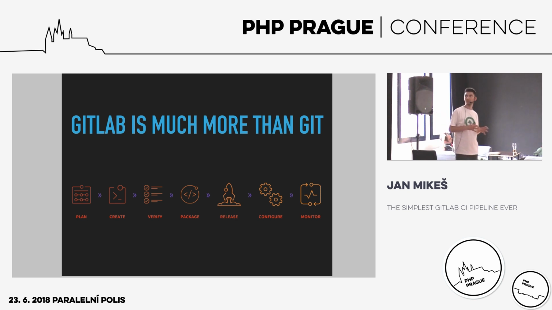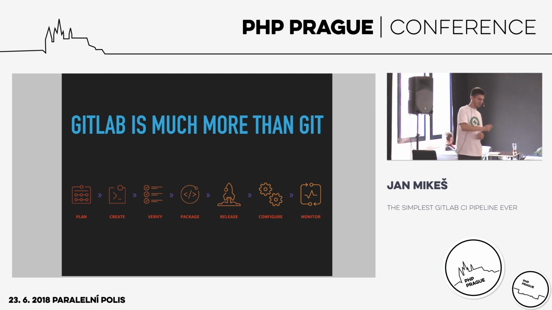So I wanted to compare that GitHub for me is a very good place for open source. And if I have some enterprise project and more people are working on it and don't want to share their code in public and need some more complex pipelines and whatever, then for me GitLab is number one.